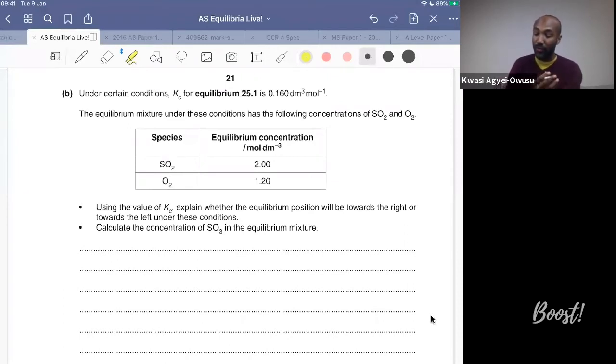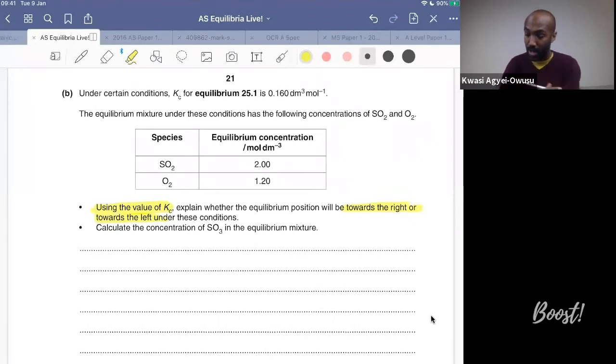We're asked to use the value of Kc to explain whether the equilibrium position will be towards the right or towards the left under these conditions. Is it towards the right or towards the left? Okay, so we need to state in which direction the equilibrium will lie, and then say why.